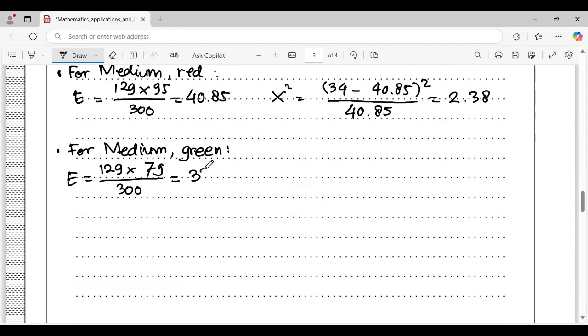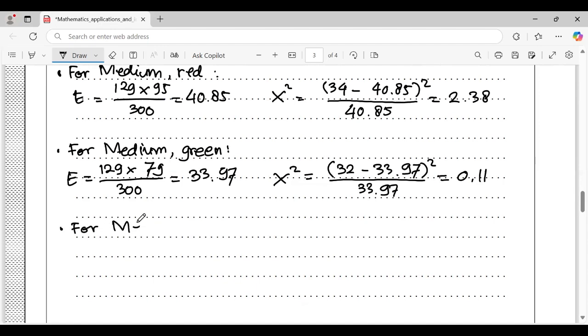The result is 33.97. And for the chi-squared calculation, 32 minus 33.97 squared over 33.97, 0.11.